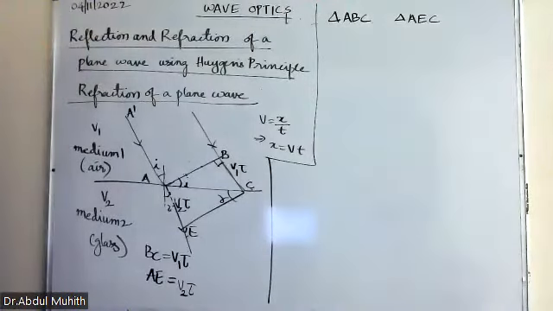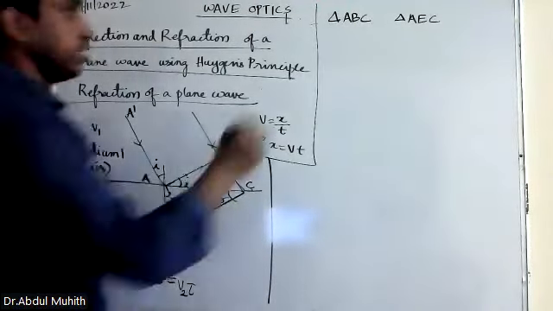When I say triangle ABC, sine I is equal to opposite side by hypotenuse.